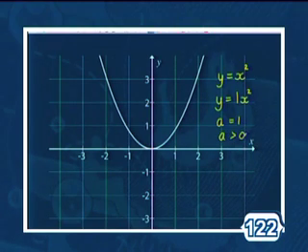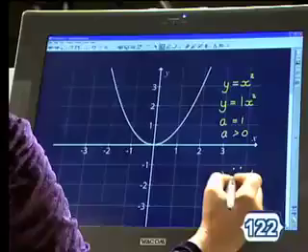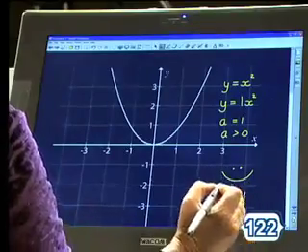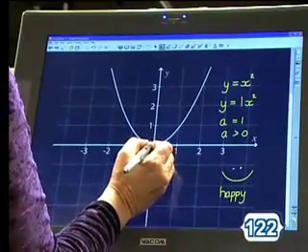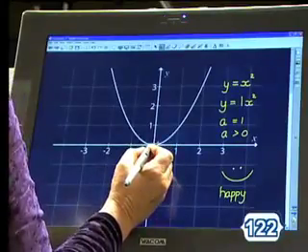So when our a is positive, can you see that my bowl shape actually looks like a smiley face? All right, so we say that this is a happy graph. It's just something to help you realize that your graph will always look happy. Notice, too, that it goes through 0, 0. Now, why is that?